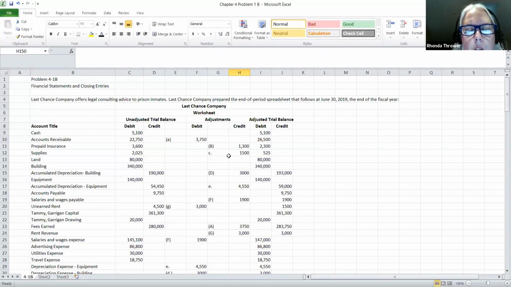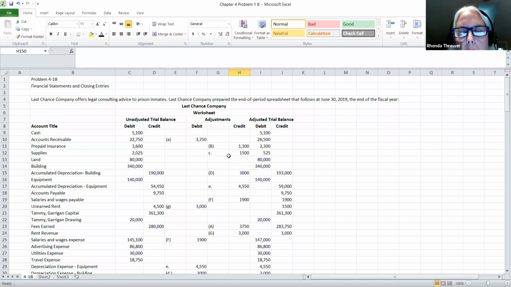Then you'll remember in chapter 3, we journalized our adjusting entries, and then we posted the amounts for those journal entries back to our general ledger. And so the last step that we learned in chapter 3 was that we would need to prepare an adjusted trial balance after we have completed our journal entries.